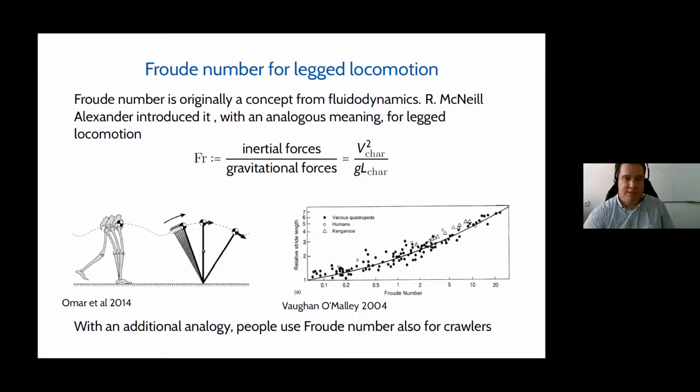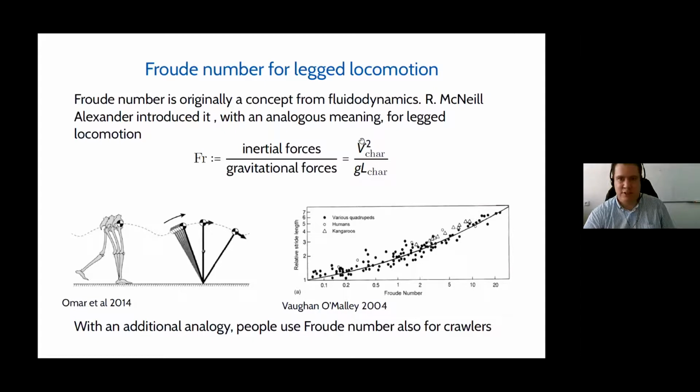For instance, a man walking. Usually, the model is that of an inverted pendulum, so you can measure the inertial forces, so the inertia of your mass that is up here, against the gravitational forces. You get something like that.